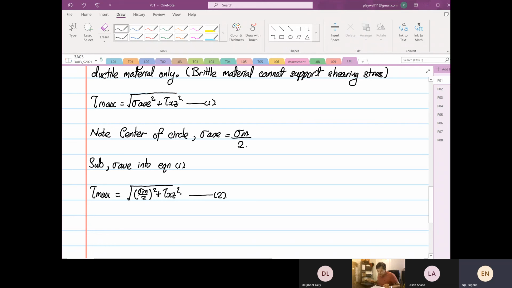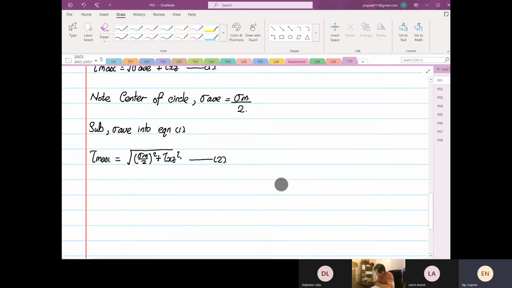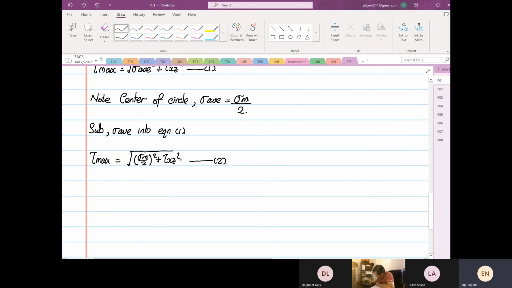Now I'm going to write out the equations for the stress due to the moment.